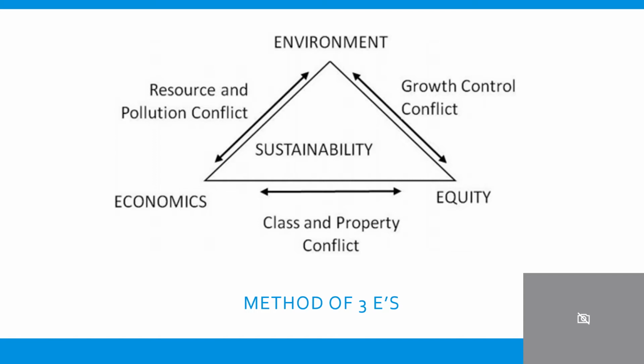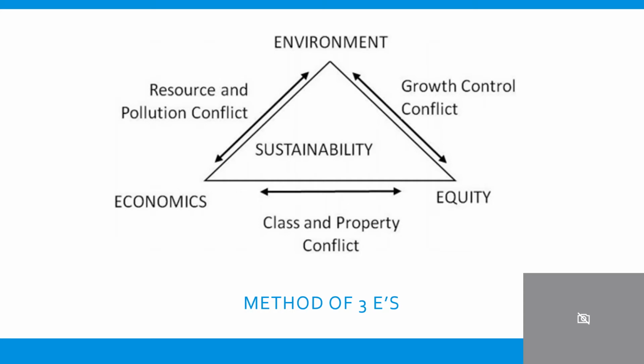One of the methods that is currently recommended for designing an approach towards sustainability in engineering is the method of three E's. The three E's being the environment, economy, and equity. The primary focus is the cost, while environmental impacts and social concerns are the constraints.